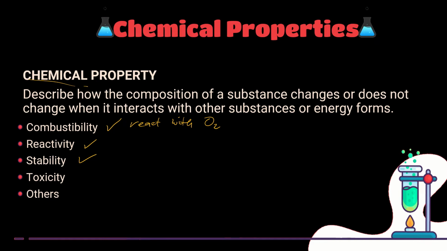This is the ability of the substance to resist change when undergoing chemical reaction or when introduced with a different chemical. Toxicity. This is the ability of the substance to destroy living organisms or to poison living things, and then others. So these are the different chemical properties of matter.